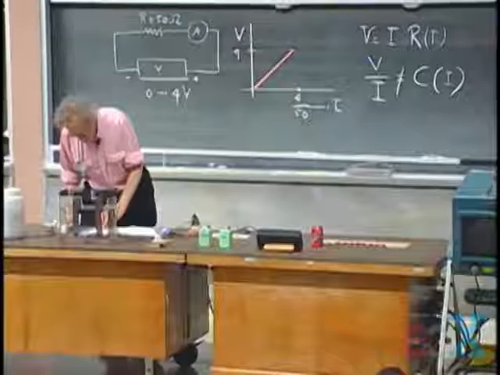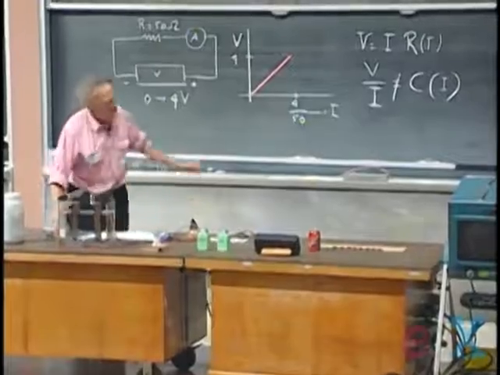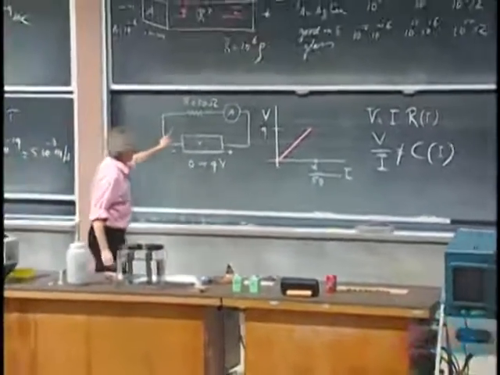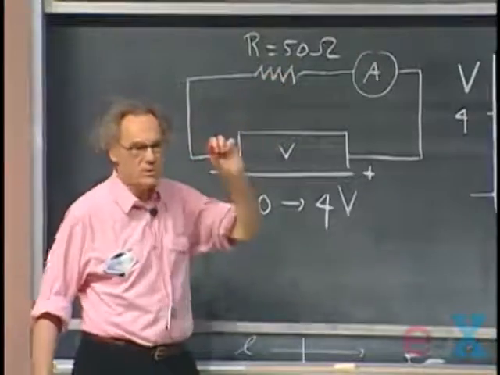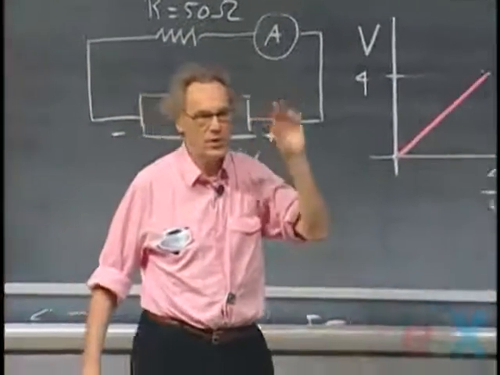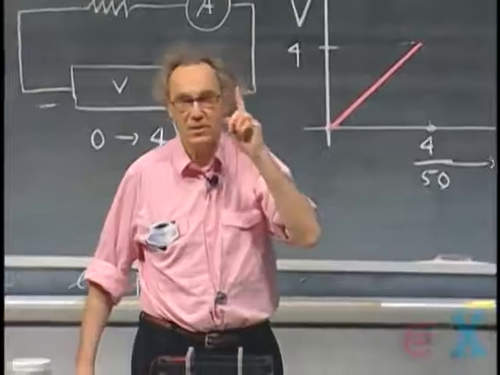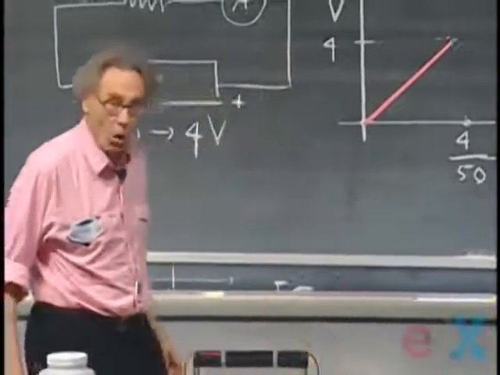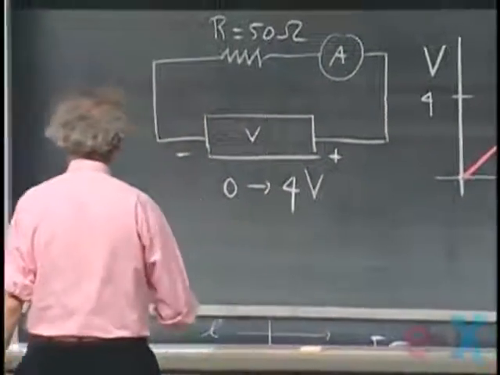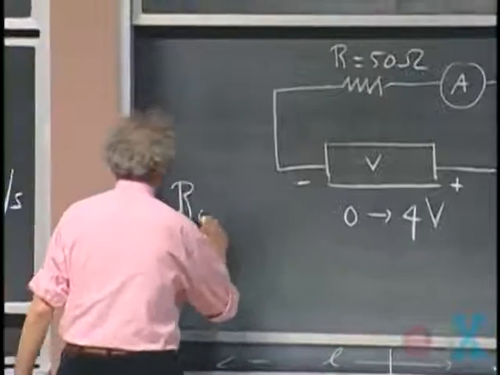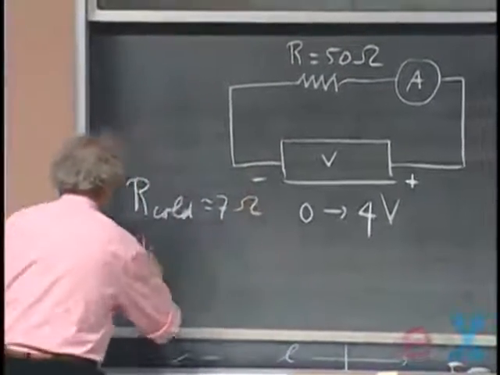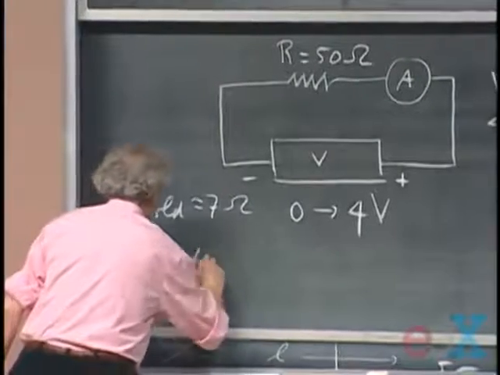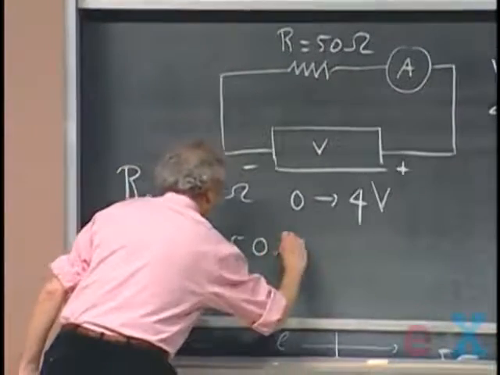And so I want to show you that if I do the same experiment that I did here, but I replace this by a light bulb of 50 ohms, it's a very small light bulb. Resistance, when it is hot, is 50 ohms. When it is cold, it is 7 ohm. So R cold of the light bulb is roughly 7 ohms, I believe. But I know that when it is hot, it's very close to the 50 ohms.